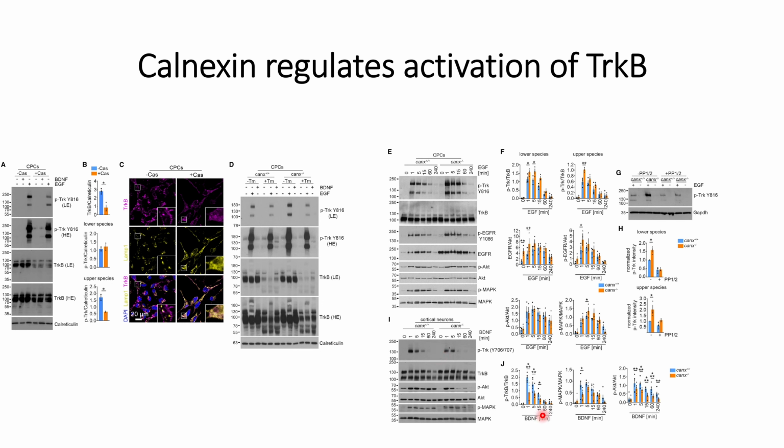However, for this 15 minute, it is statistically significant but to a lower extent compared to this 1 and 5. However, for 60 minutes and 240 minutes, they are not statistically significant. And for these MAP kinase pathways, the difference is statistically significant at 1 minute between Calnexin present and Calnexin not present.